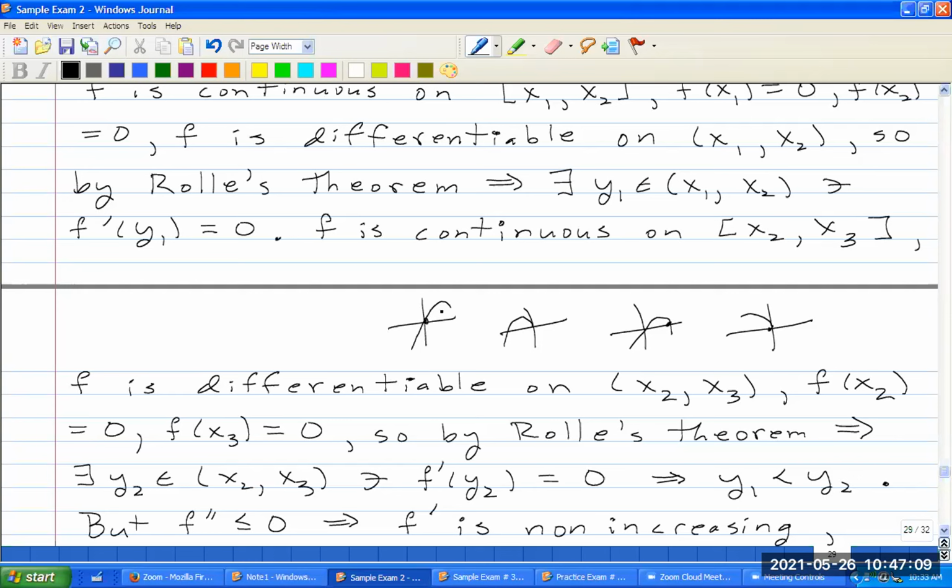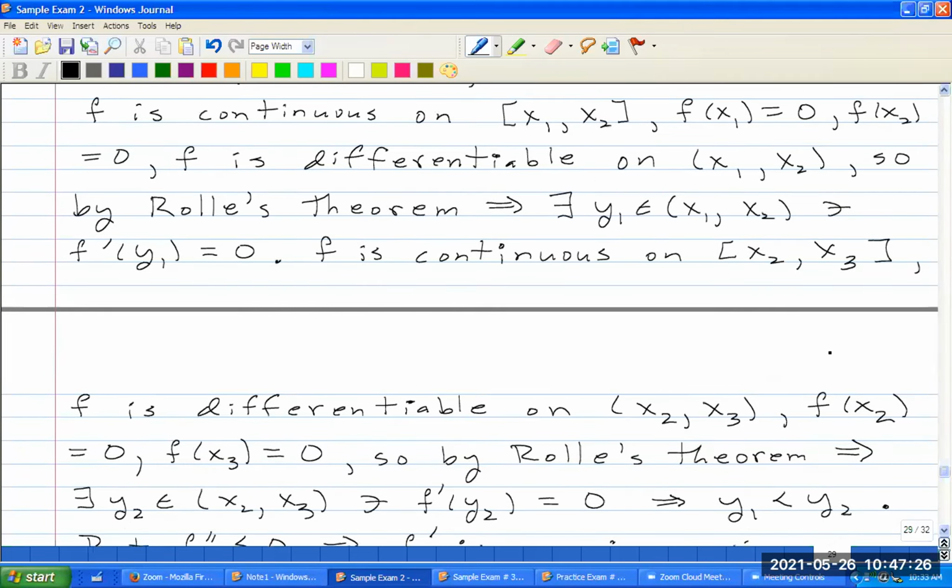But it's always concave down. So you have maybe 1 root, maybe 2 roots, but certainly not 3. You're always going down. So there it is.